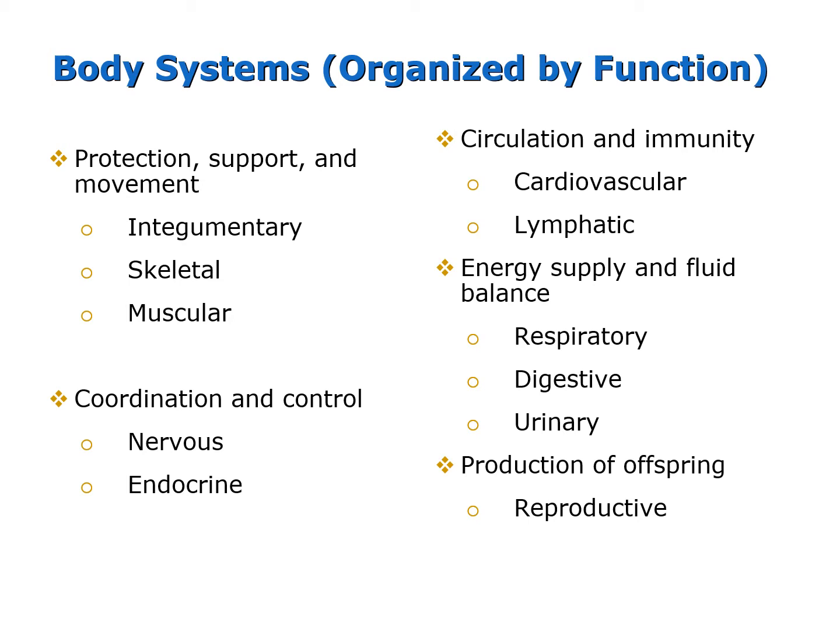If you look onto the slide, you will see that we have 3 of them that are considered protection, support, and movement parts of the body, and I will start with integumentary. The integumentary system got its name from the word integument, and integument means skin.